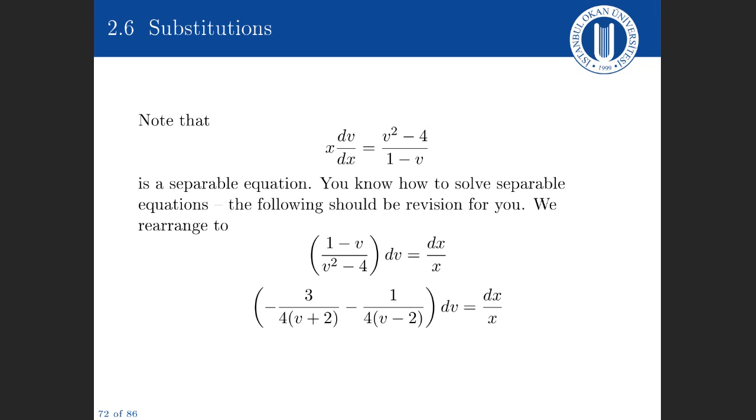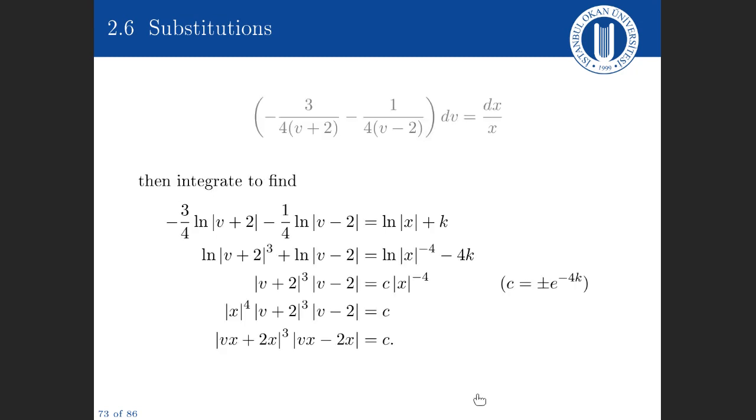Before I integrate, I want to use partial fractions on the left side, and then I integrate both sides to get minus 3/4 natural logarithm of the absolute value of v plus 2, minus 1/4 natural logarithm of the absolute value of v minus 2, is equal to the natural logarithm of x plus some constant.